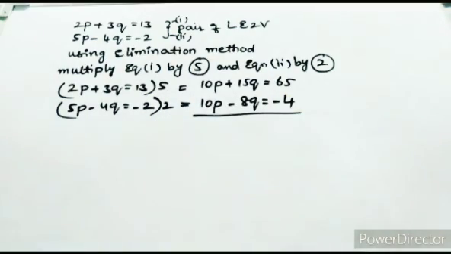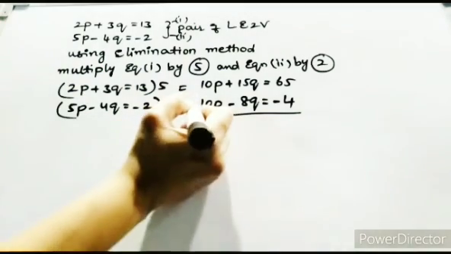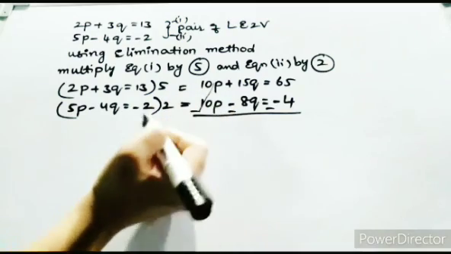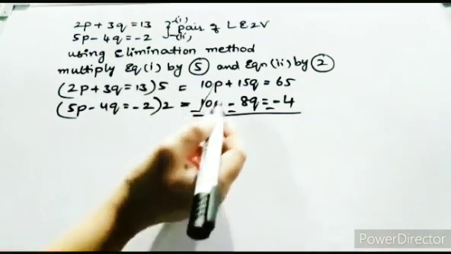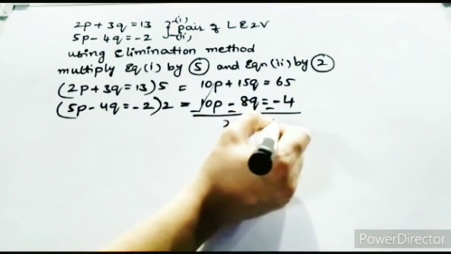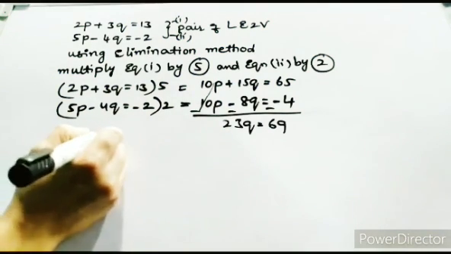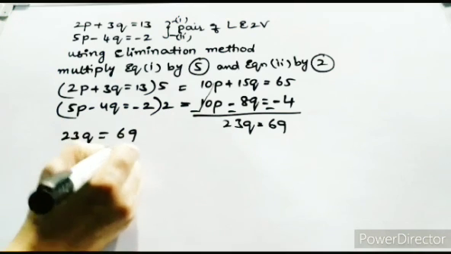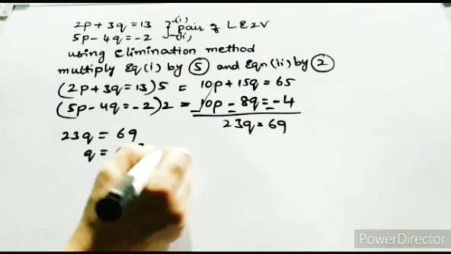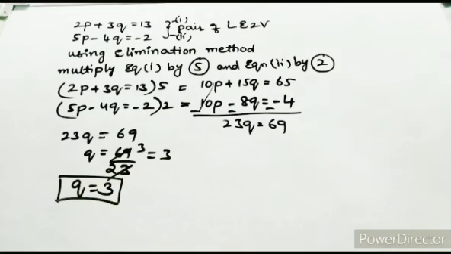You are using the elimination method, so when the signs are the same, you subtract. 10p minus 10p cancel, and minus into minus is plus, so 15 plus 8 gives 23q, and 65 plus 4 gives 69. 23q is equal to 69, q equal to 69 by 23. What value of q do you get? q is equal to 3.